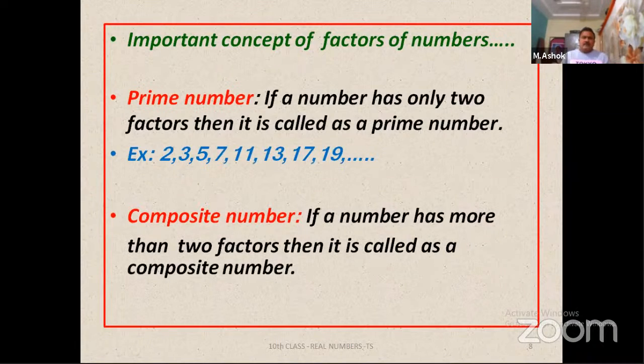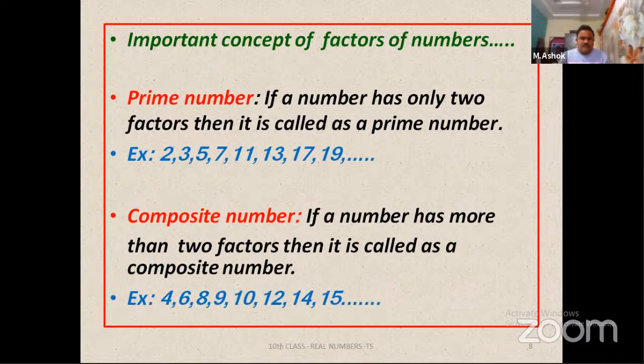If a number has only two factors, that is a prime number. If a number has more than two factors, that is a composite number. Here we have the examples: 4, 6, 8, 9, 10, 12, 14, 15, etc. Observe one thing. Where is 1? It is neither prime nor composite. Then what is 1? Think. I will tell you after.